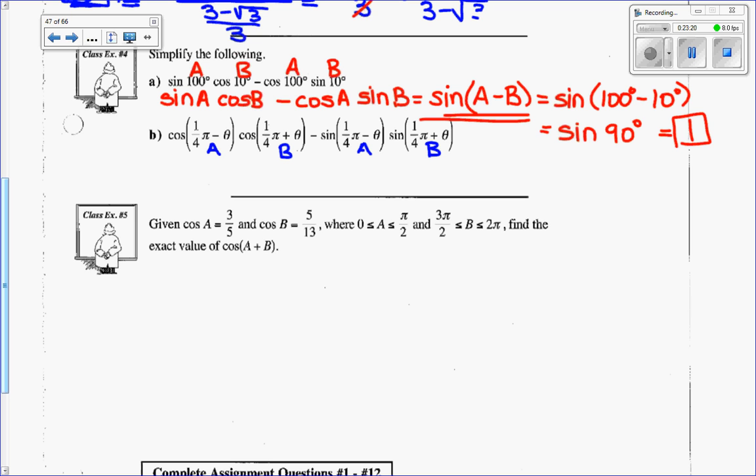Okay, so look on your formula sheet. Do you see one that is cos A, cos B, minus sine A, sine B?